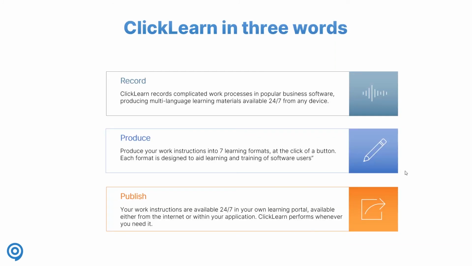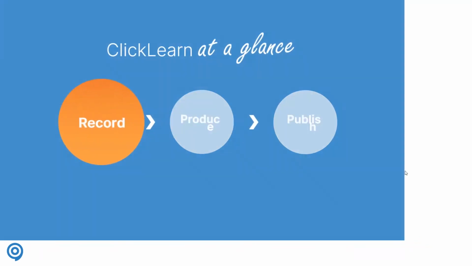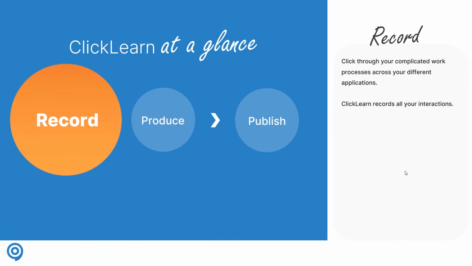If we shortly touch base on how to describe ClickLearn, there are 3 words I want to touch base on. ClickLearn can simply record, produce, and publish all your learning materials for you. If we deep dive into the record part of it, ClickLearn is not a screen recorder. ClickLearn actually has the capability of understanding your business application, which means that we only capture the recording when you interact with the system.